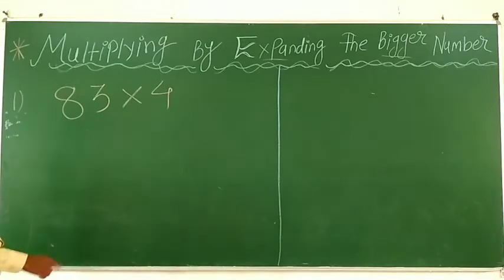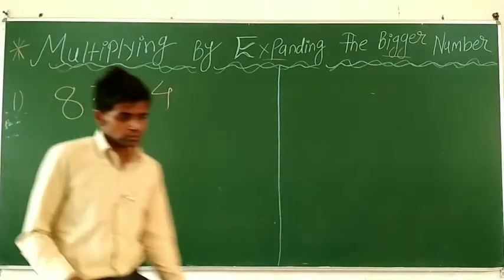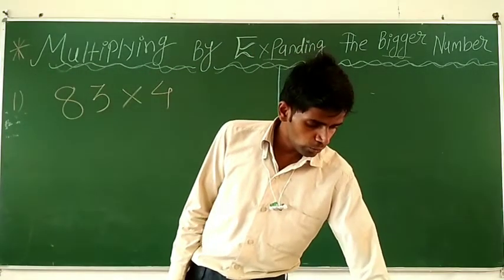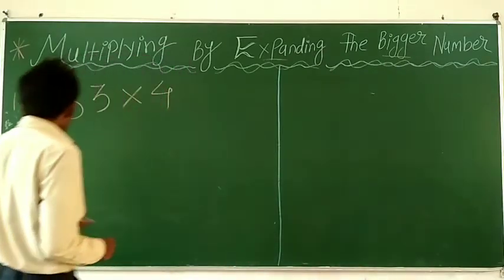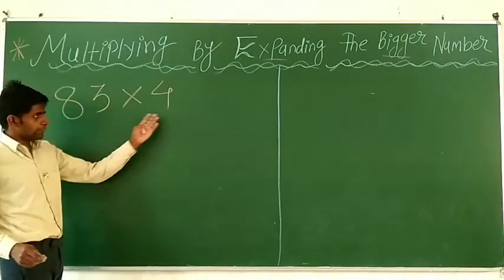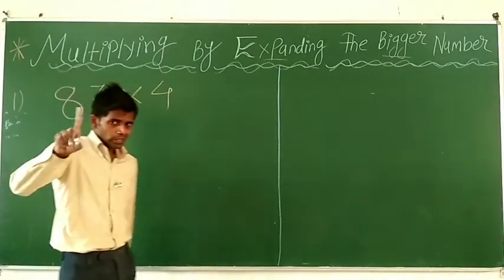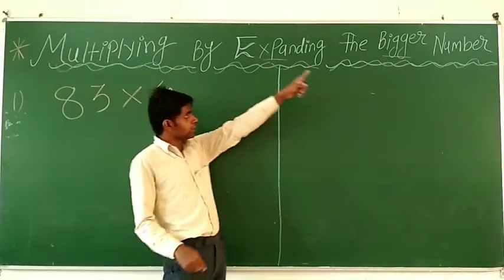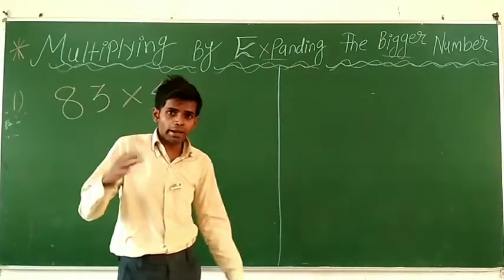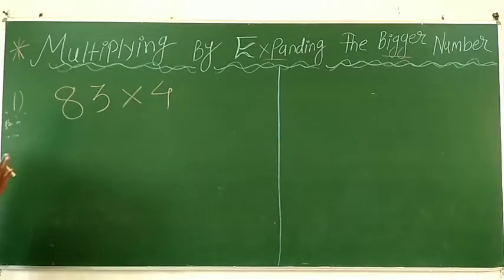Just look everyone front. Look front everyone. Okay. So here, as you can see, there is 83 multiplied by 4. First step is expand the bigger number. First expand it. So what is the bigger number? Which one is the bigger? Out of 83 and 4, which is bigger? Obviously 83 is bigger.